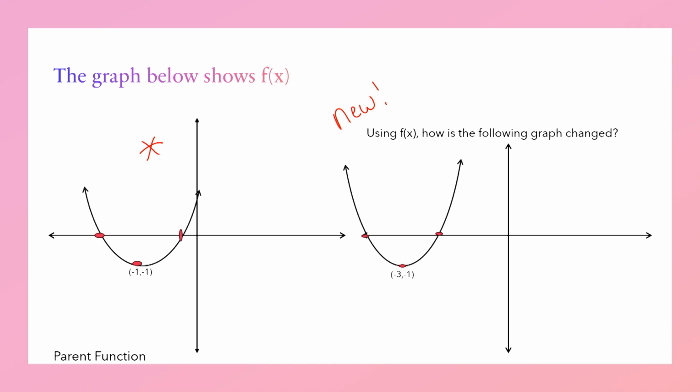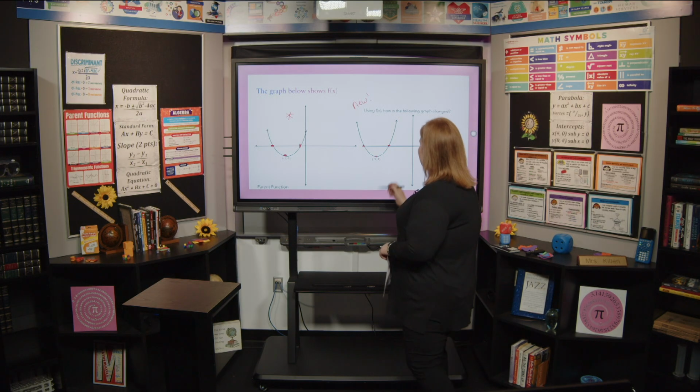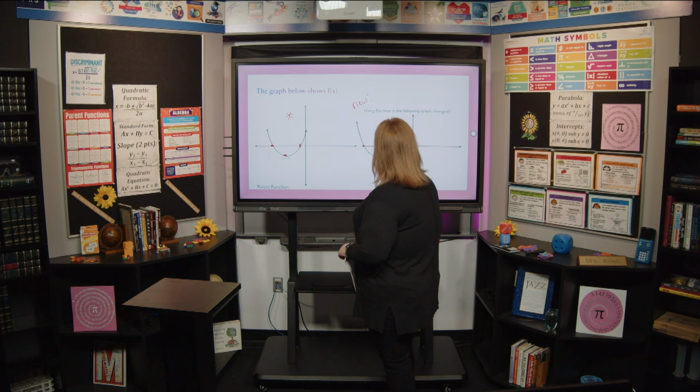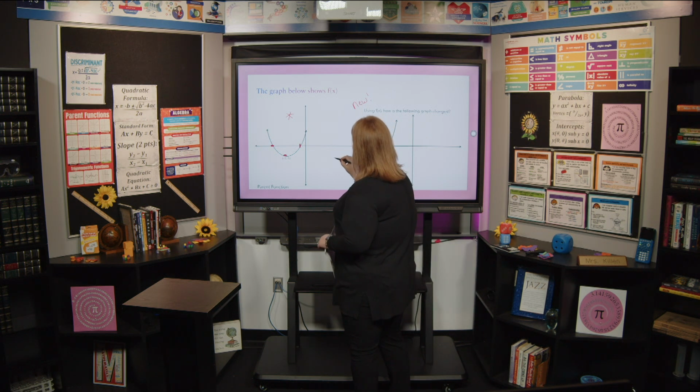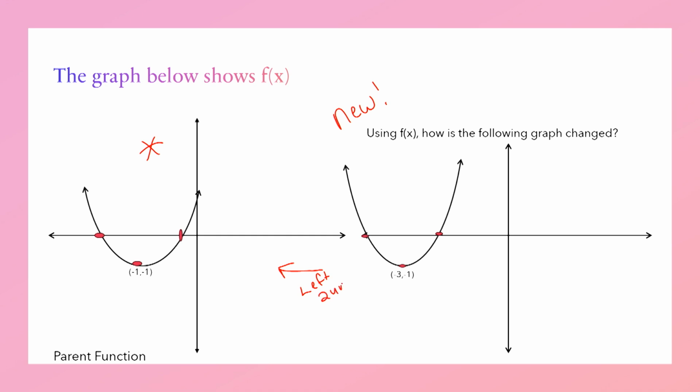You're exactly right. I stayed where I was, but now I have gone to the left 2 units. So if up and down was vertically, and if I go left or right, that means I'm going to have a horizontal shift of 2 units.